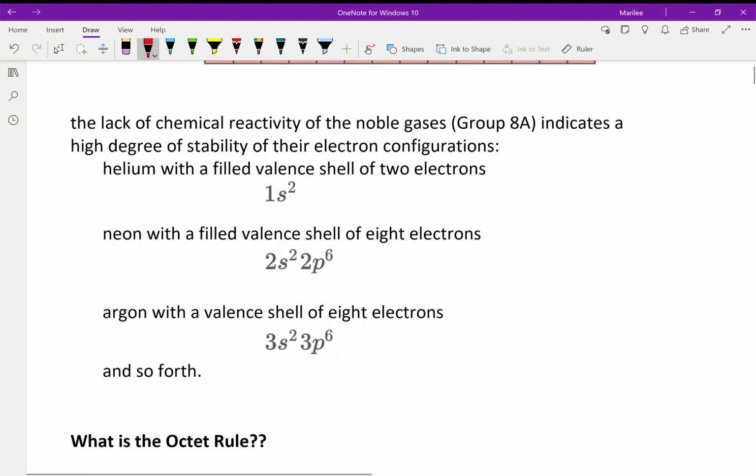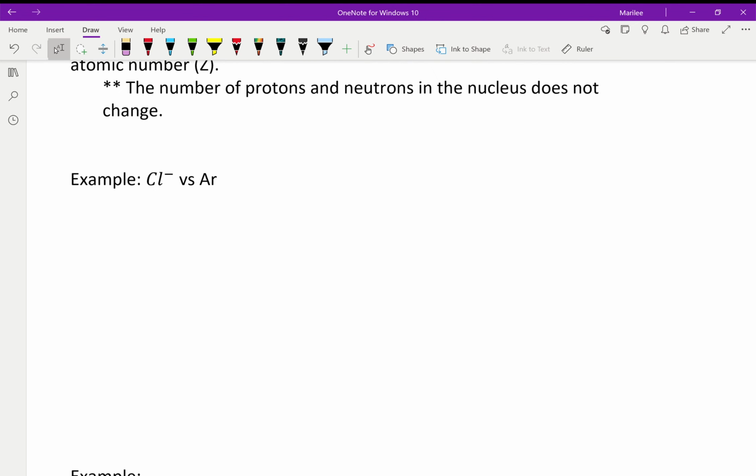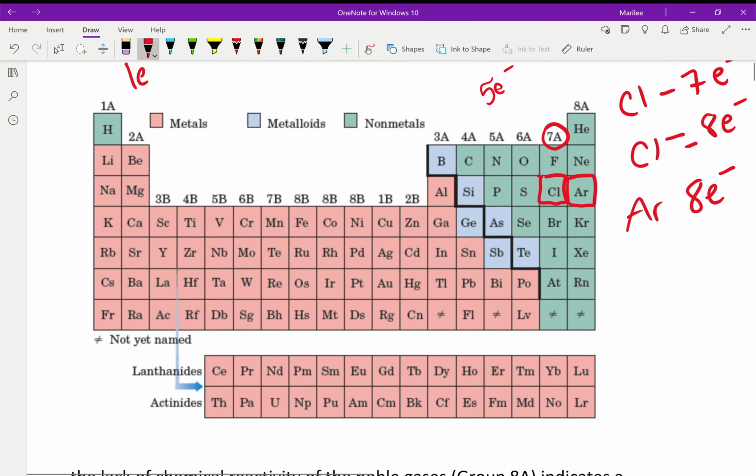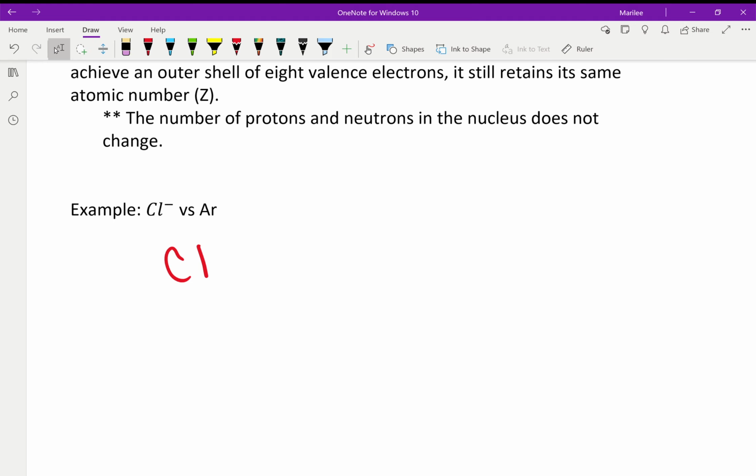So let me write that here. Cl is in group 7A. Cl is atomic number 17 and Ar is 18.